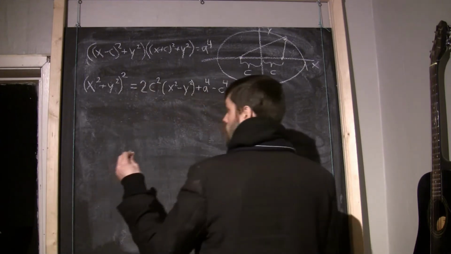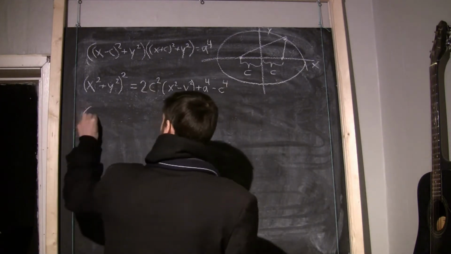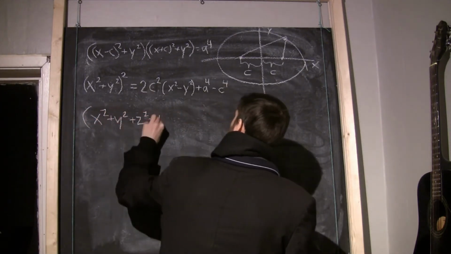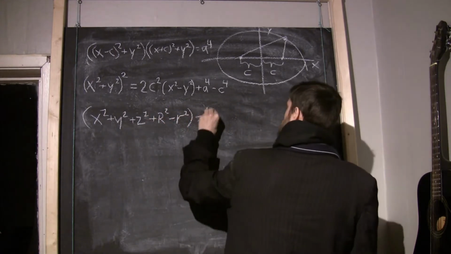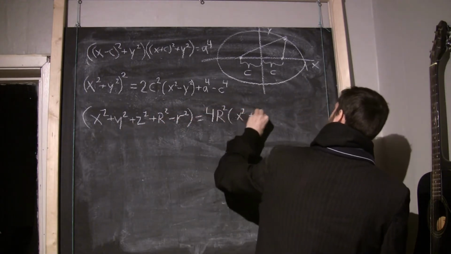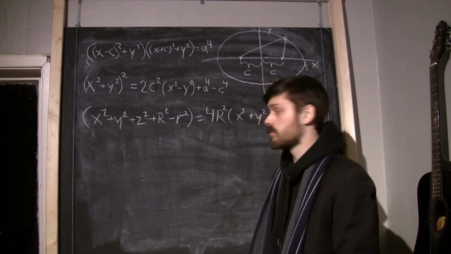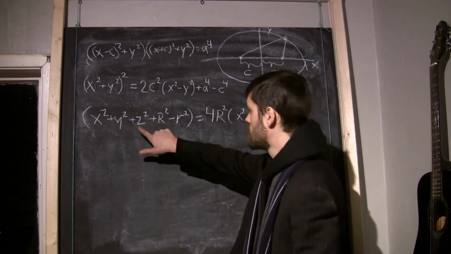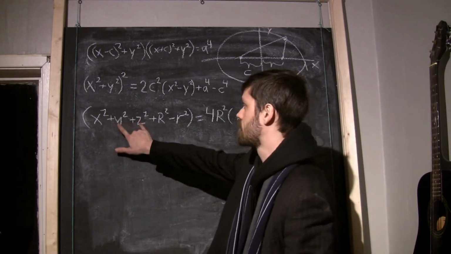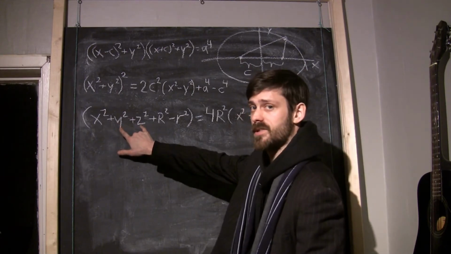Let's just start with the equation for a torus. And now we're going to do the same, we're going to interchange c and y.